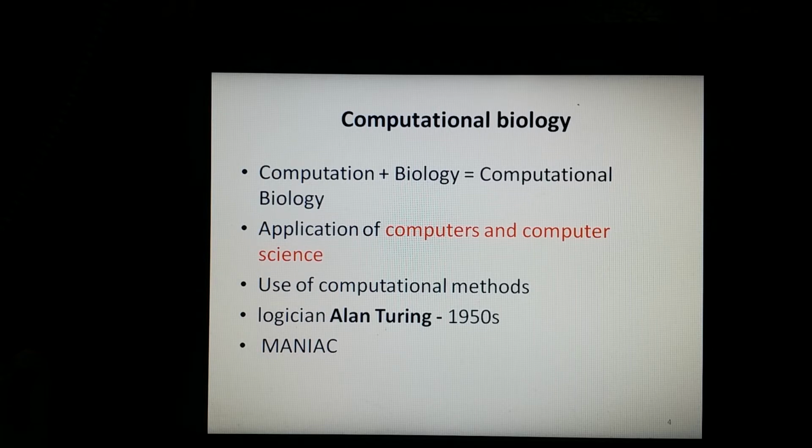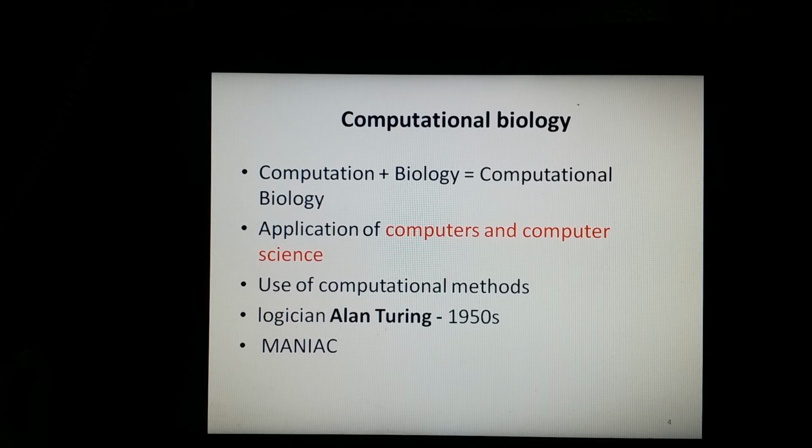Firstly, computation. It is a combination of two words, computation plus biology. Computation is related to the computer, and biology you know, so this makes up the composite. Computational biology is a branch of biology involving the application of computers and computer science, which are used in order to understand and model the structures and processes of life.